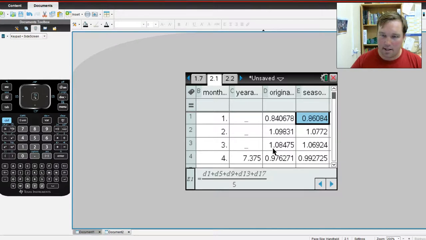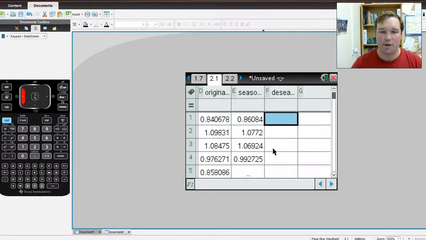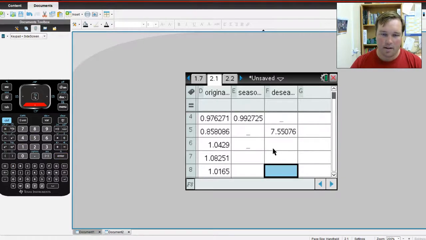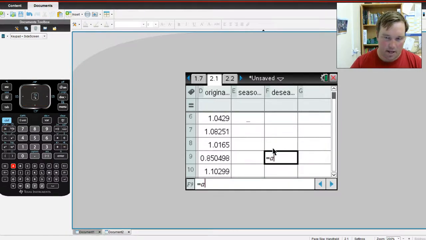To deseasonalize the data, we need to take every summer value and divide it by its seasonal index. So here we take the original, which was A1, and divide it by its seasonal index, which is now E1. And the next summer one's down here, so equals A5 divided by still E1. A9 divided by E1, etc. Equals A15 divided by E1.